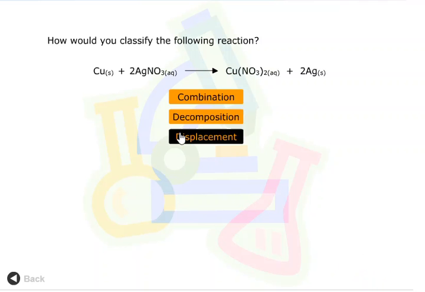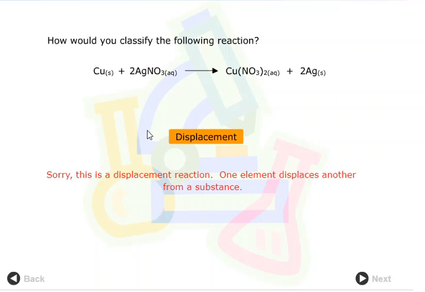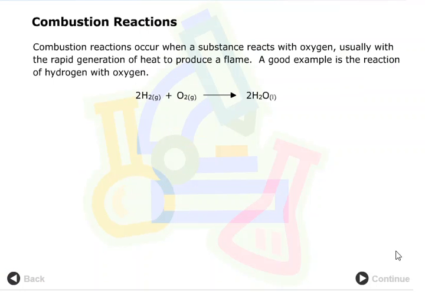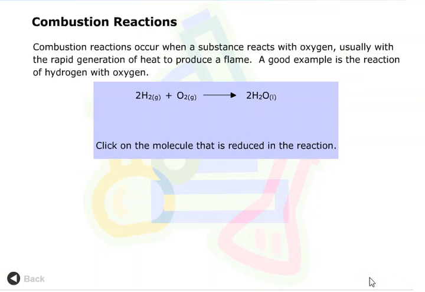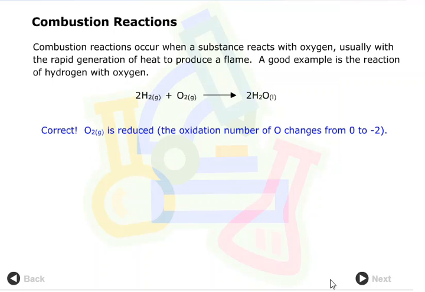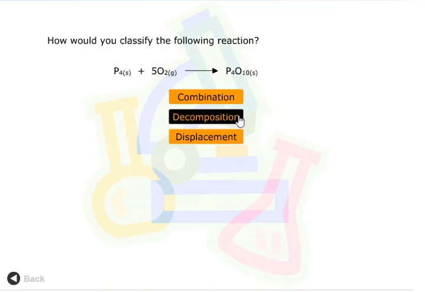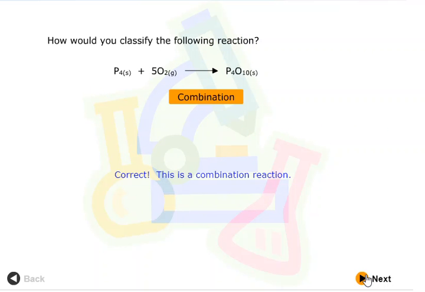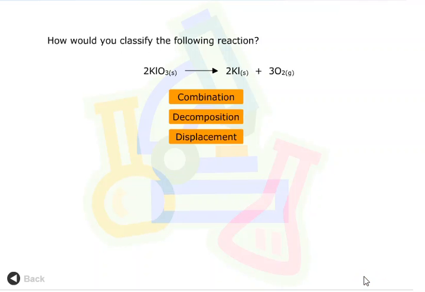This reaction is the decomposition, and this is a displacement reaction. So, this reaction is a combination reaction: potassium plus oxygen to form potassium oxide.